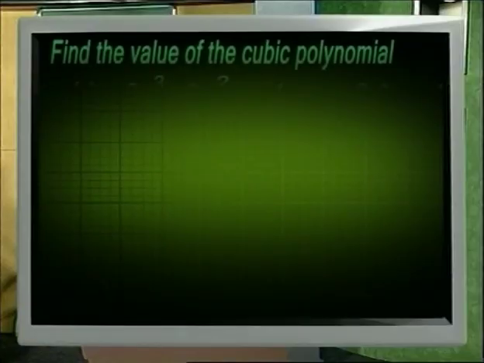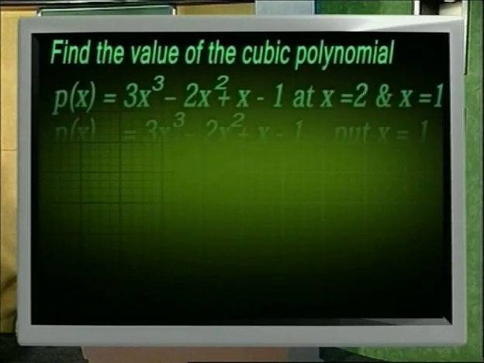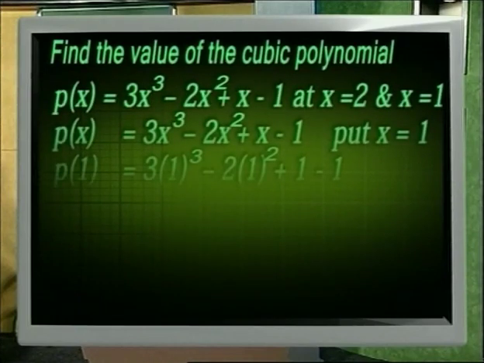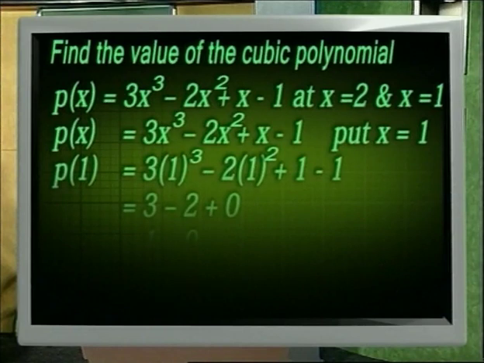So now children, let us take one example of a cubic polynomial. Find out the value of the polynomial by placing x is equal to 2 and x is equal to 1. Polynomial p(x) is equal to 3x cube minus 2x square plus x minus 1, which is a cubic polynomial. Now we take the value x as 1.